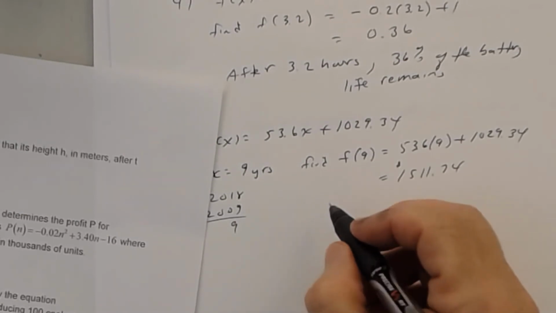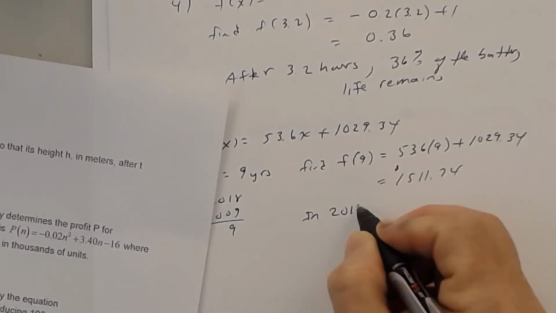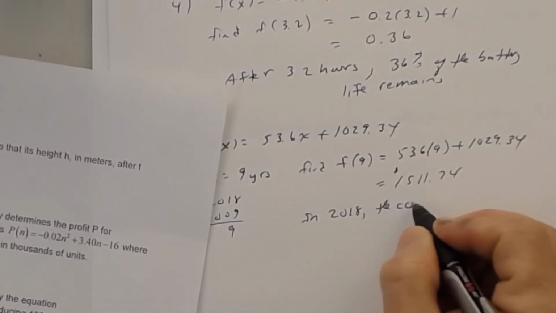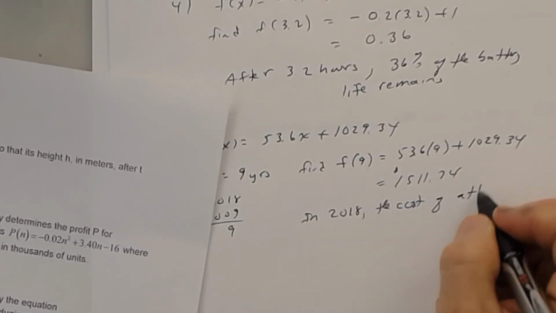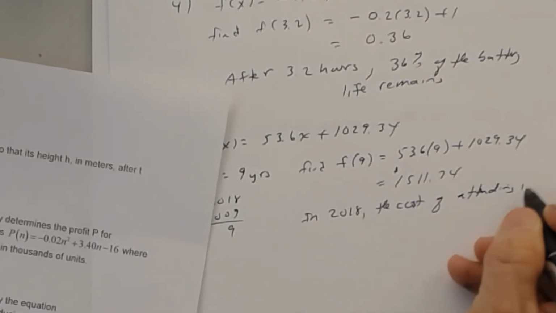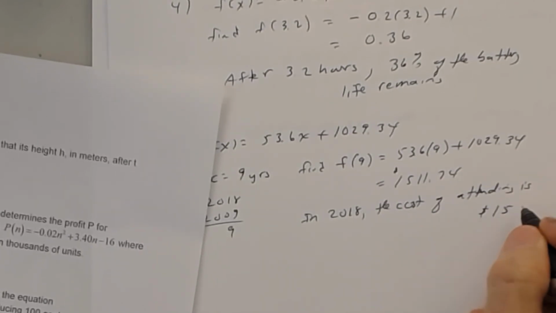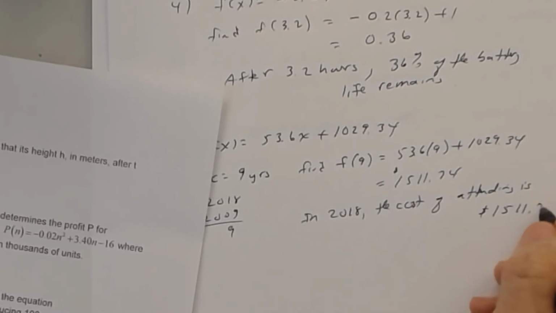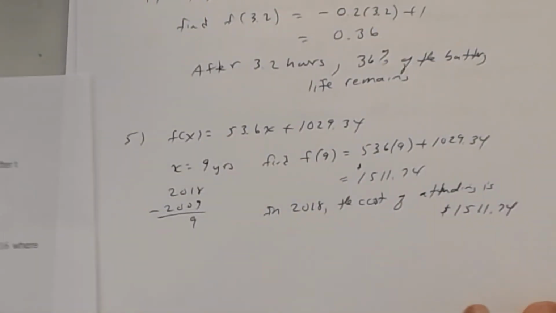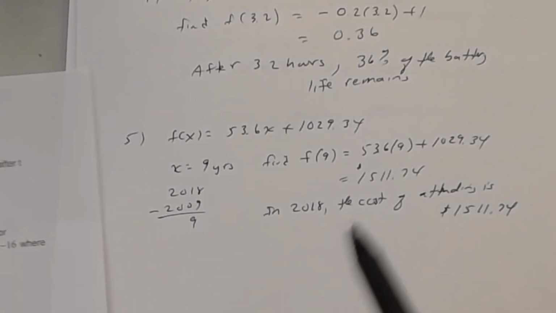So in 2018, the cost of attending is what? $1,511.74.